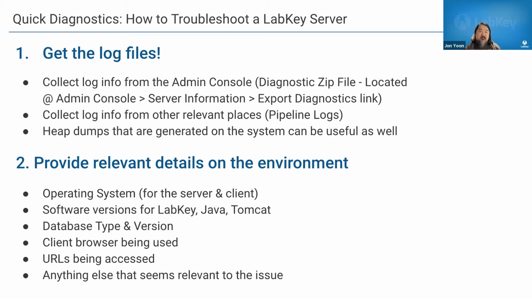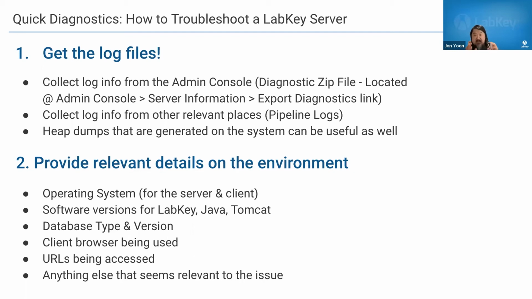We say this a lot at LabKey because many things are logged in our log files, and we've improved our product greatly to where now you can actually get the log files from LabKey itself. Before, you had to log into the server and access the Tomcat logs directory. Now, if you can log into LabKey, assuming your LabKey server is up, and you have site admin privileges, you can go to the admin console, go to the server information tab, and click on the link that says export diagnostics.